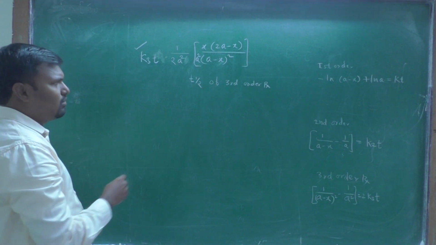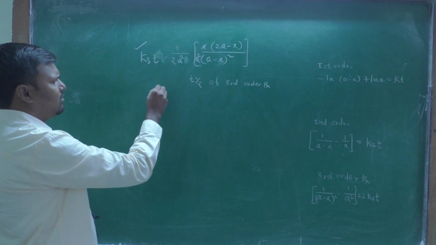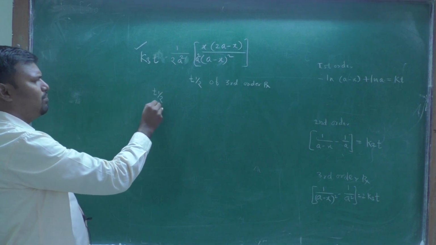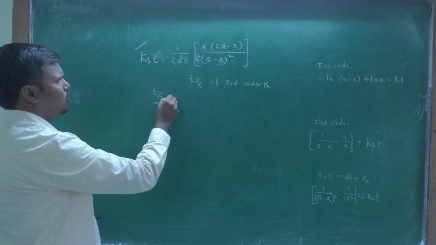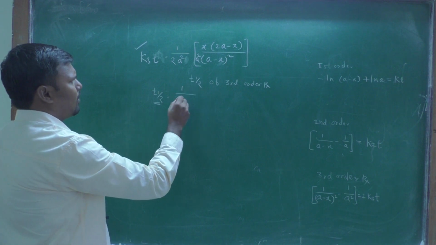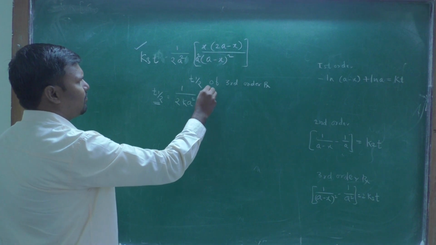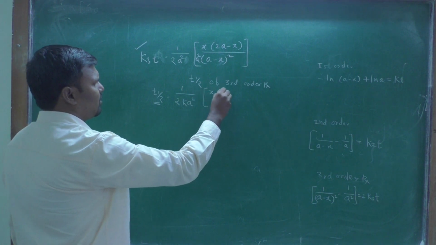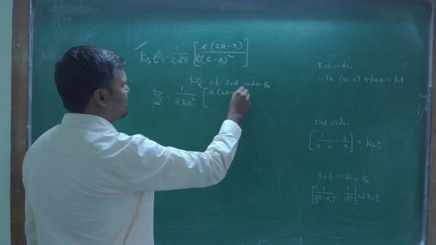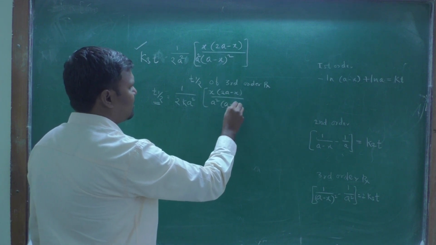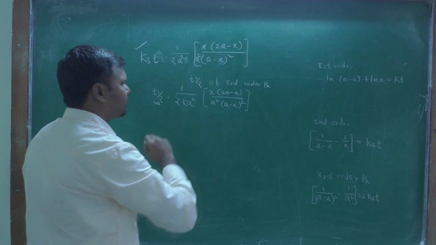For this K3 we will transfer to this side, so t1/2, the half-life period, is equal to 1 upon 2K, a square upon x, 2a minus x upon a square, a minus x square.